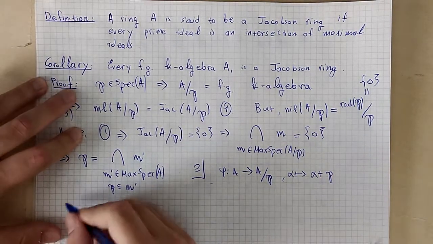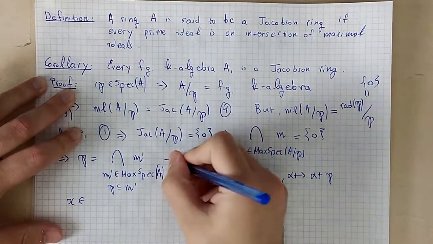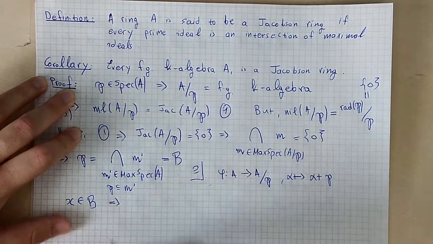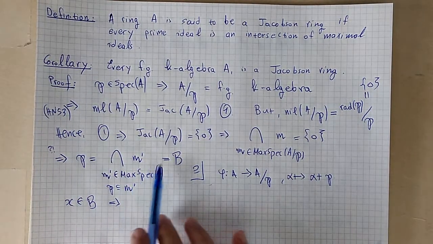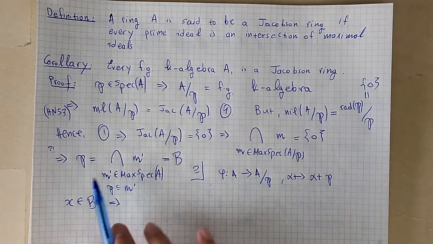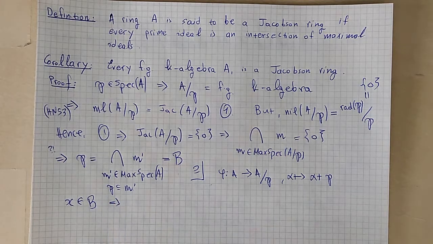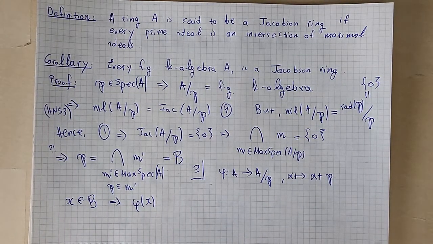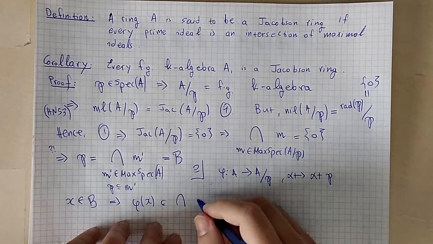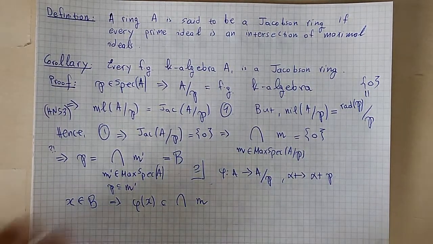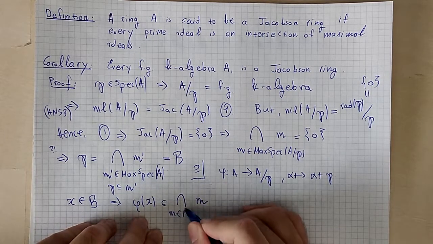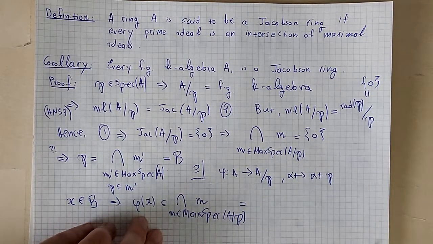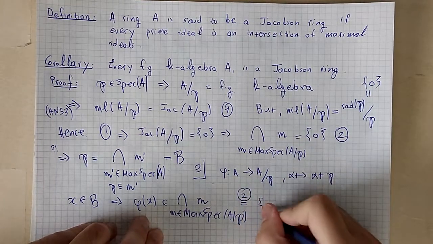Let me call this intersection B. If X is an element in B, so X lives in every maximal ideal of A containing P, then under this bijection, phi of X, where phi is this map, is going to live in every maximal ideal of A mod P. But as we saw, this intersection is just equal to 0.